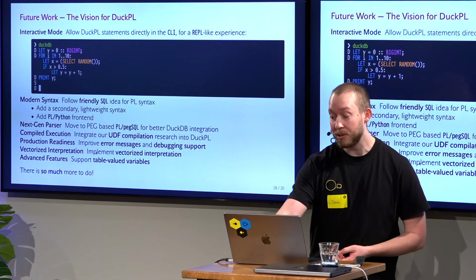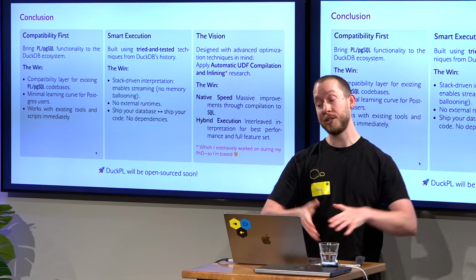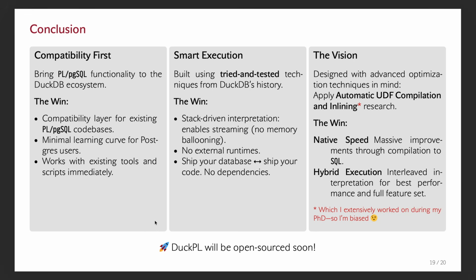Okay, in conclusion, we will start by establishing compatibility first. So we want to have Postgres compatibility because there are lots of code bases out there which could just switch from Postgres to DuckDB in a minute or so because we have this compatibility layer.